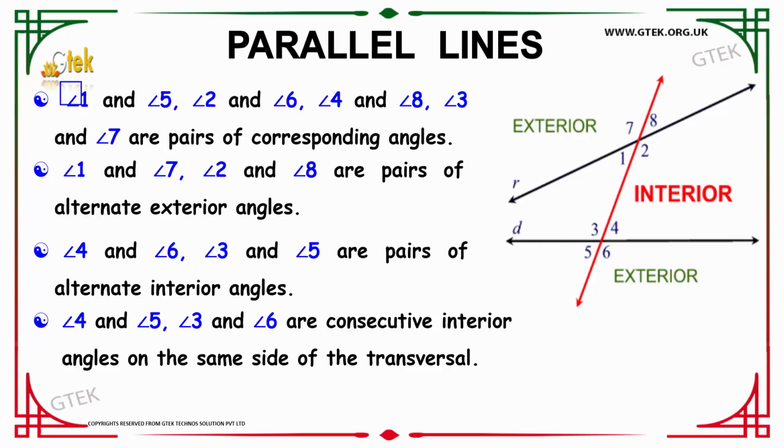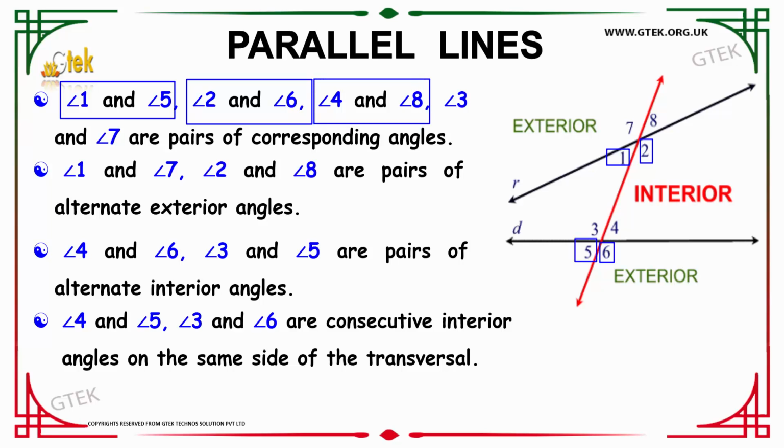If you see angle 1 and 5, 2 and 6, 4 and 8, and 3 and 7, these are actually pairs.